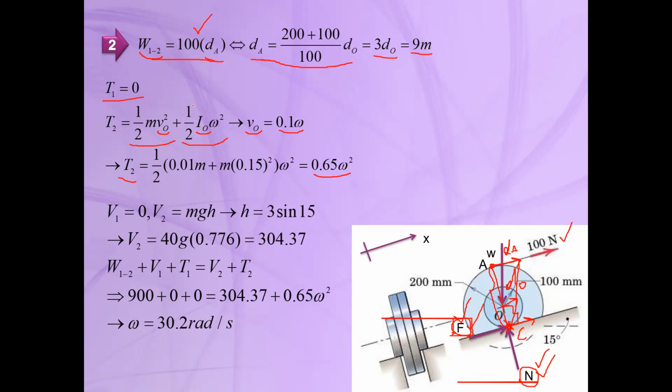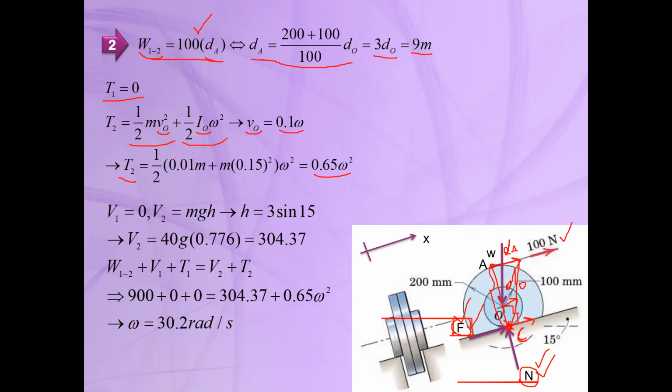Okay, so in this case, if you want to obtain the kinetic energy in the final position, you can write half times I_C times omega squared, where I_C is the mass moment of inertia about this connection point. This is point C. If you write the mass moment of inertia about this point, the kinetic energy is equal to half times I_C times omega squared. So this is up to you. You can use that form.